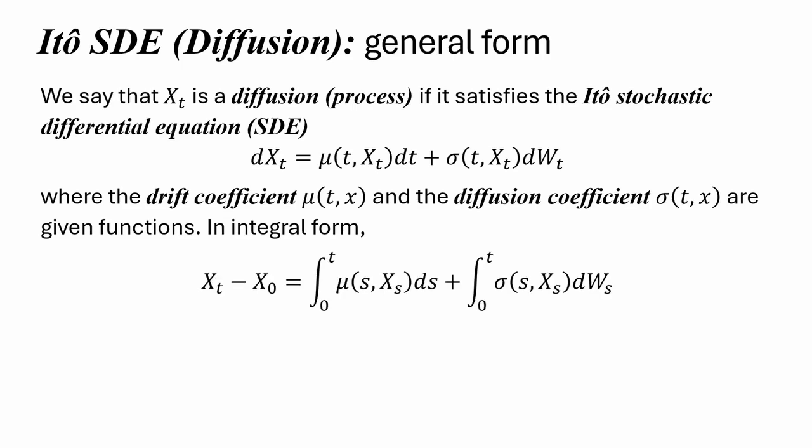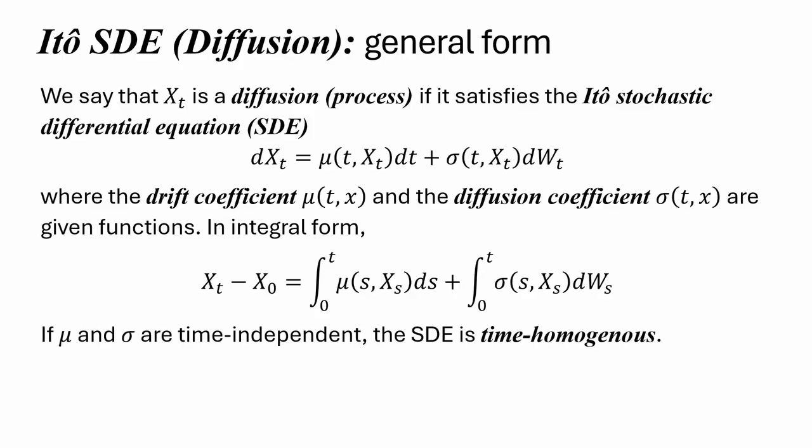The integral form of the Itô SDE, or diffusion, reads X_t minus X_0 equals the integral from 0 to t of mu of s and X_s ds plus the integral from 0 to t of sigma of s and X_s dW_s.